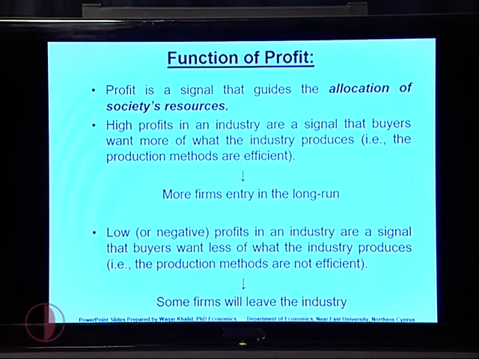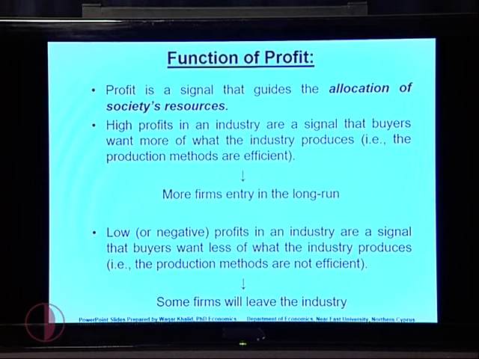Now, the last topic of this chapter is function of profit. What functions does a firm perform, and what is the basic objective of a business firm? The first point is that profit is a signal that guides the allocation of society's resources.